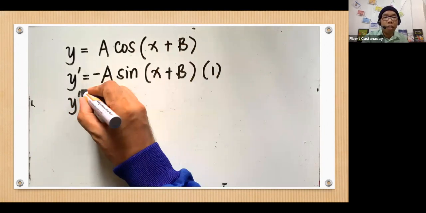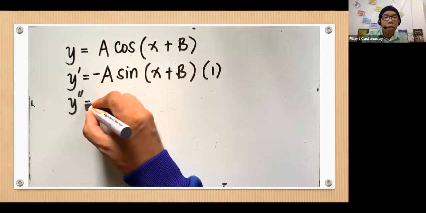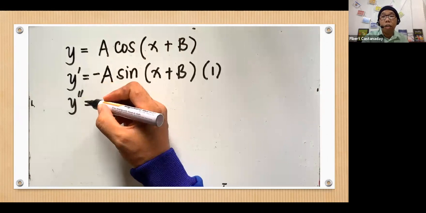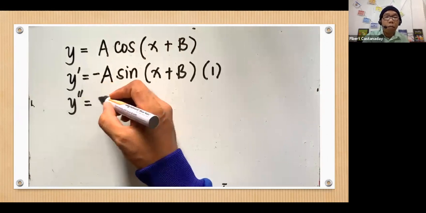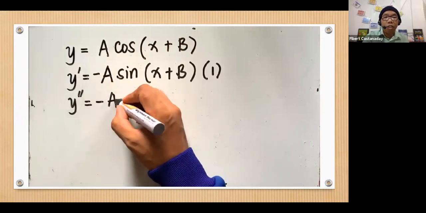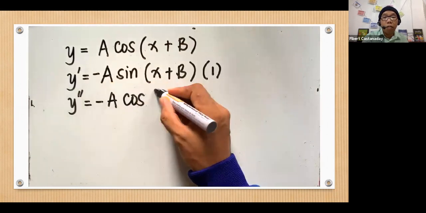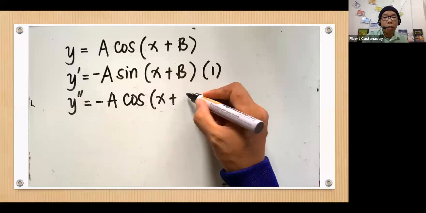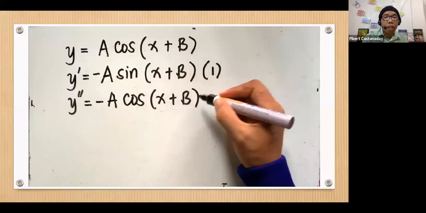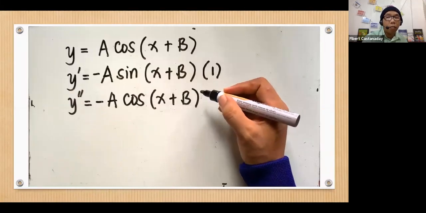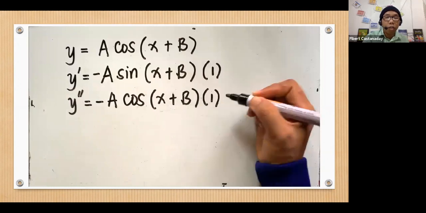Now, we will differentiate again. So y prime becomes y double prime after you differentiate. And then you copy negative a, differentiate sine again, so that will become cosine of x plus b. And then you differentiate x plus b, which gives us times 1.